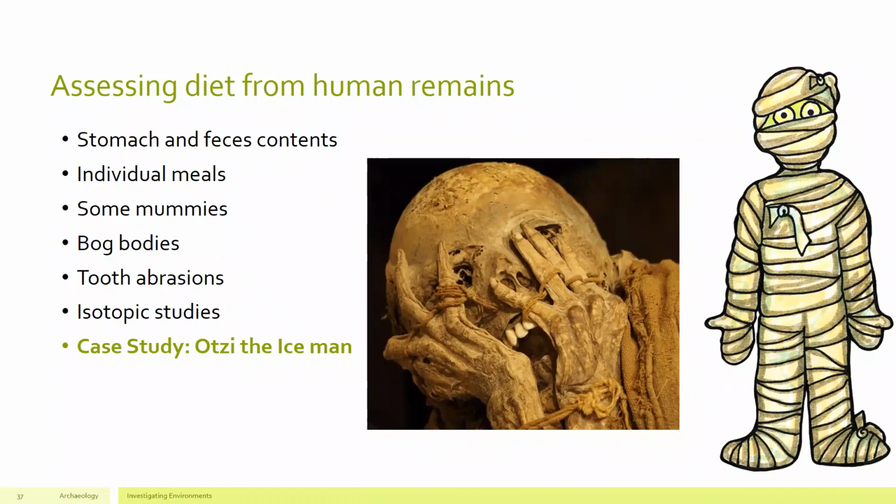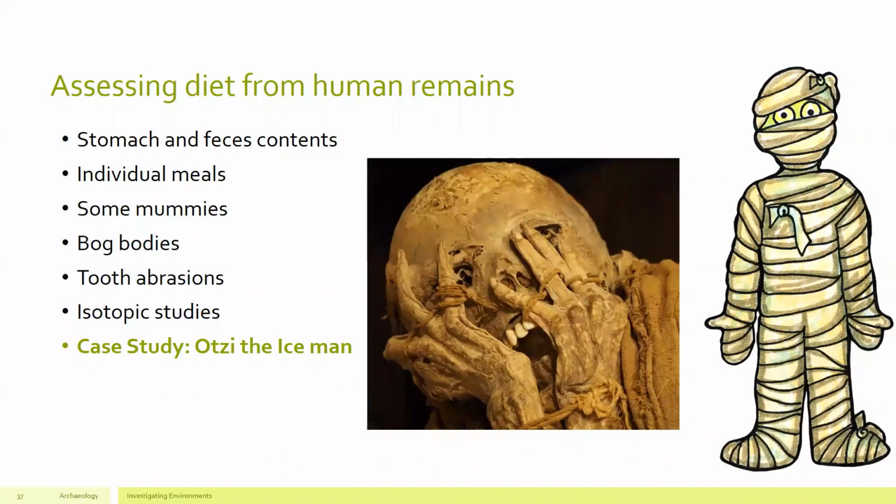Ötzi was frozen at high elevation and perfectly preserved. Even the contents of his stomach were preserved, so we could see the last couple of meals by doing autopsy on his digestive tract and retrieving samples. So there are some mummies, obviously, and bog bodies.